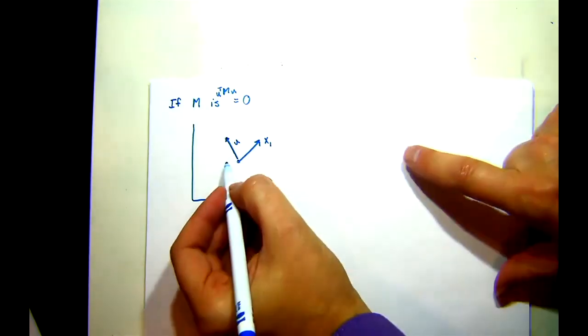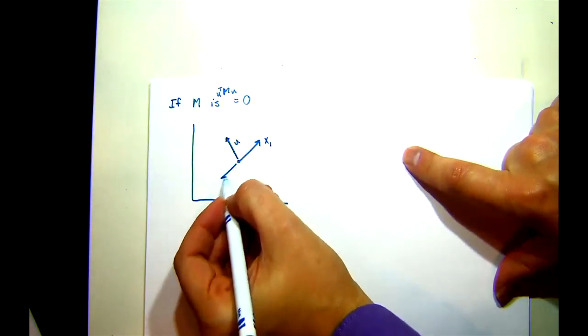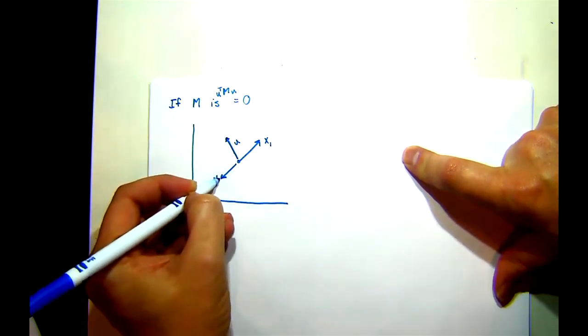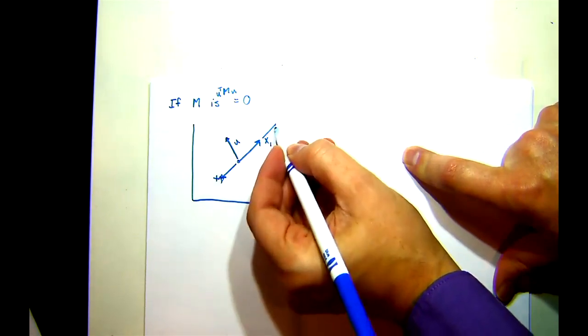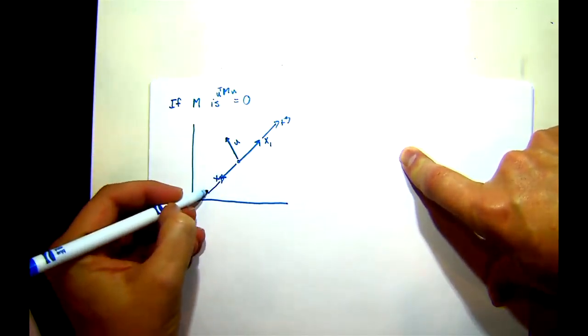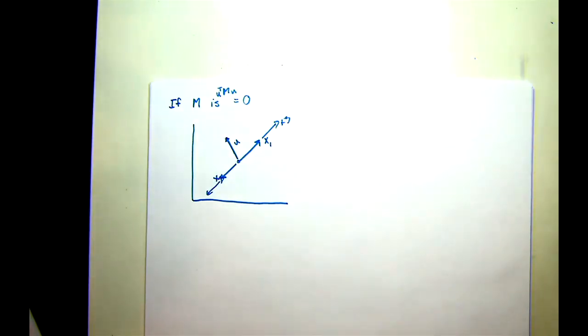And what's more, all of the data points are going to fall along this axis, like x3. So what that means is that the covariance matrix is somehow rank deficient. And if it's rank deficient, that means we can reduce the dimension of it.